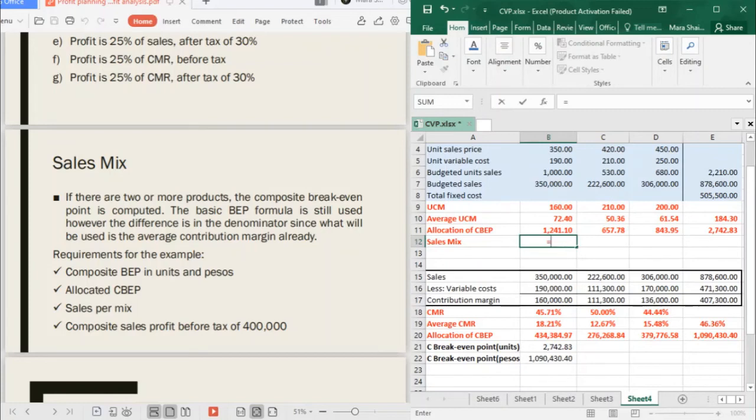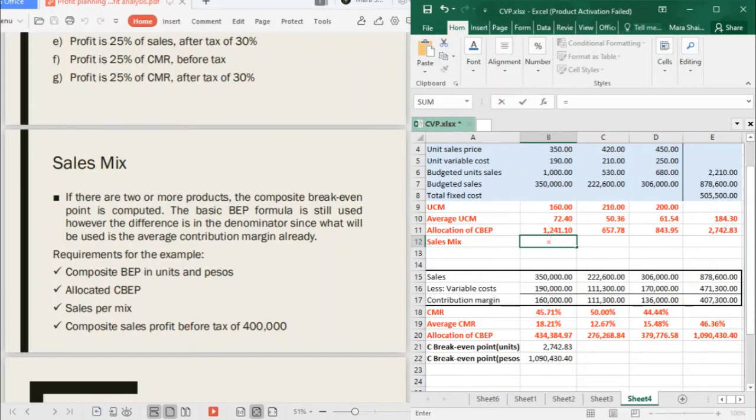This is another way of allocating your composite break-even point. It depends on what is given. If you are given the composite UCM, you can use this method.